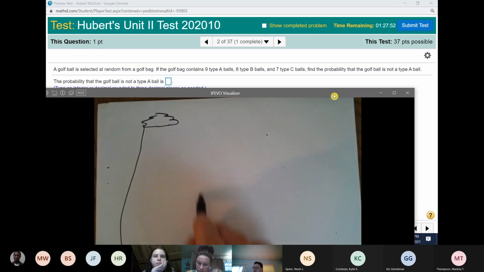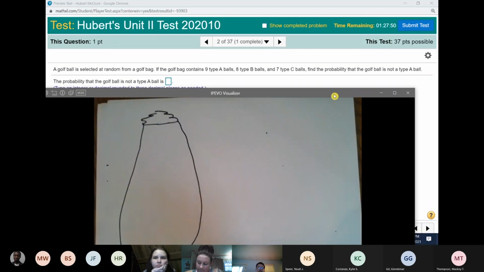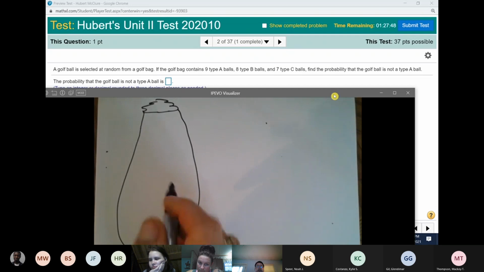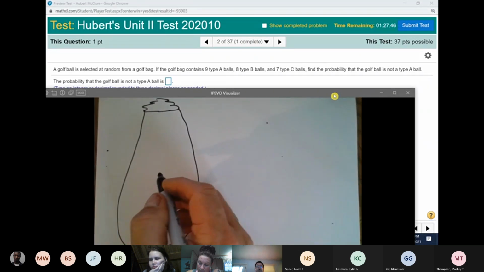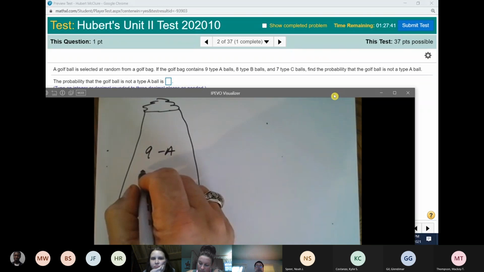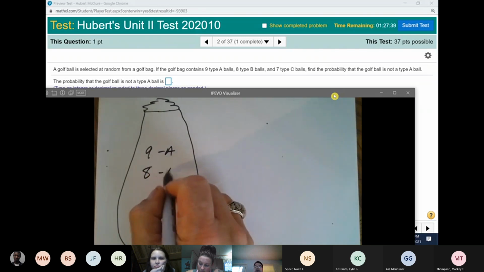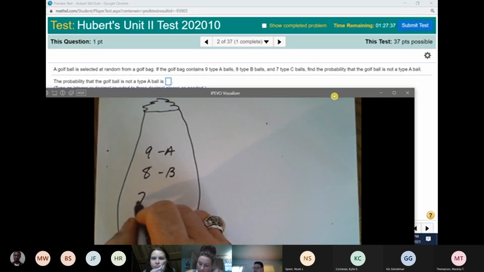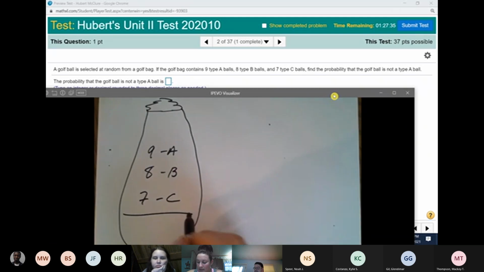There's our marble bag, and it's got 9 A's. It's got 8 B's, and it's got 7 C's. What's the first thing we need to find? N. And N is equal to 24?